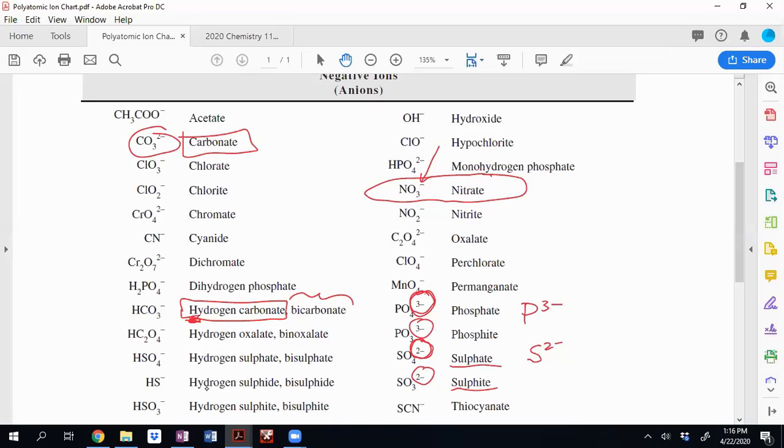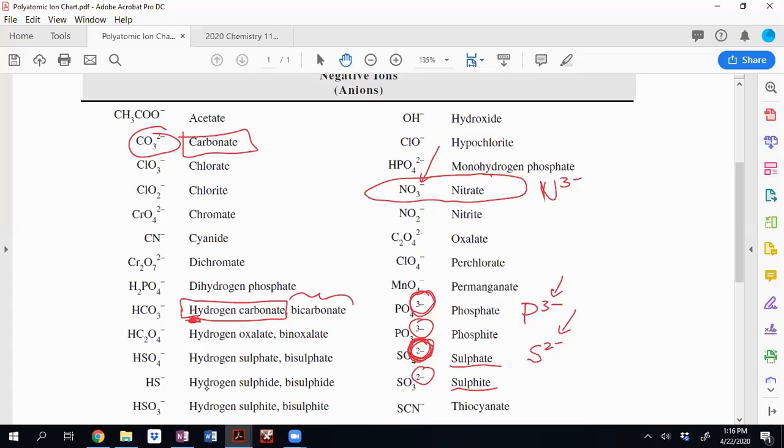And you'd think that would be fantastic and you'd just be able to do that all the time. The problem is then you get to nitrate and you're like, oh dang, nitrogen has a 3 minus charge, but nitrate is only -1. So it doesn't work all the time. But it does work for phosphorus and sulfur. So if you're into that kind of thing, that can help you to learn them by heart. If you're not into learning them by heart, don't worry, just look them up.